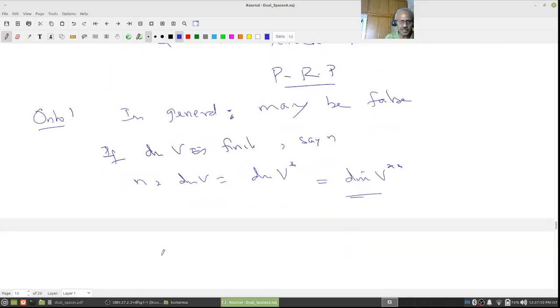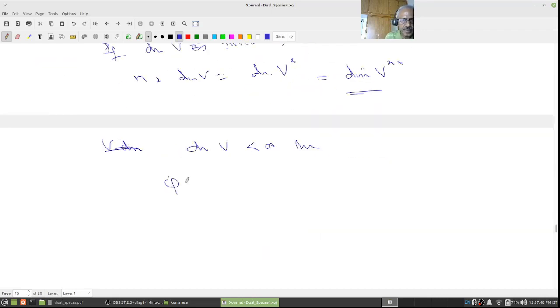Therefore my linear map phi, if V is finite dimensional, phi from V to V double star is a 1-1 linear map between two vector spaces of the same dimension.